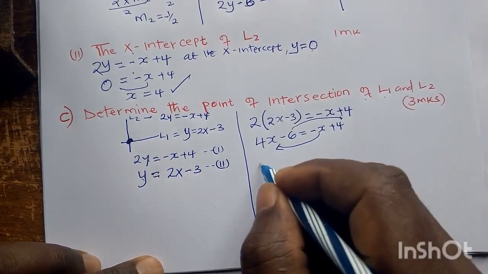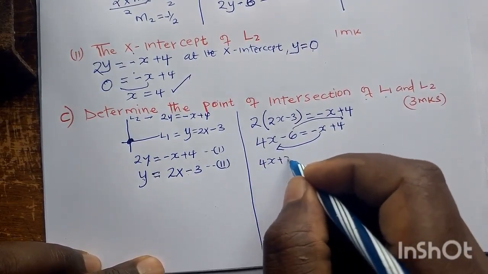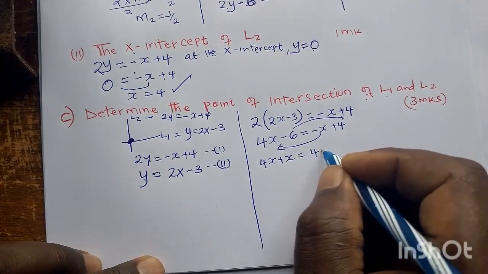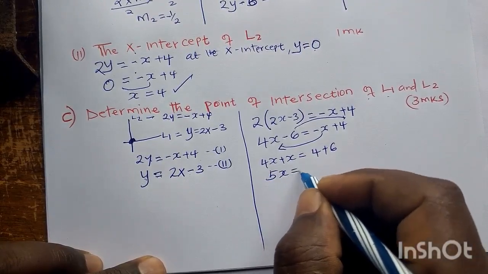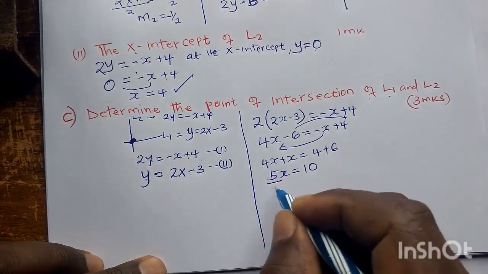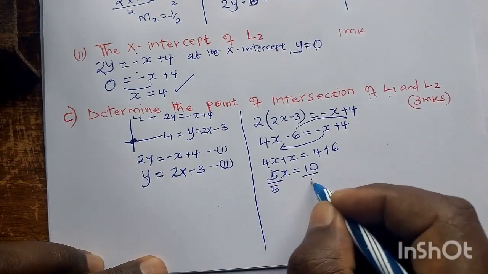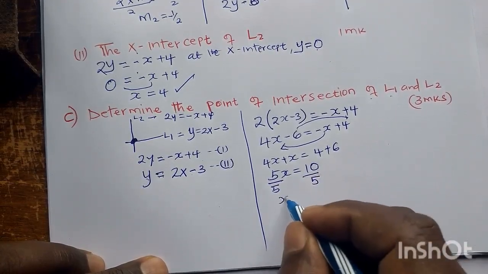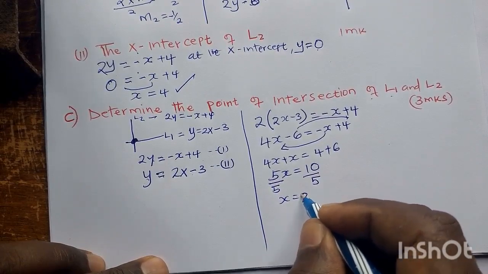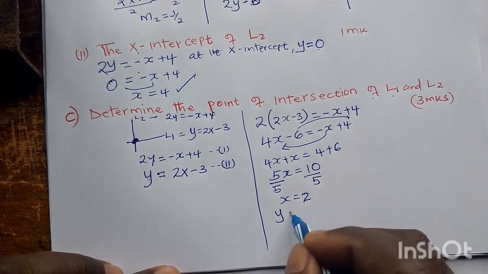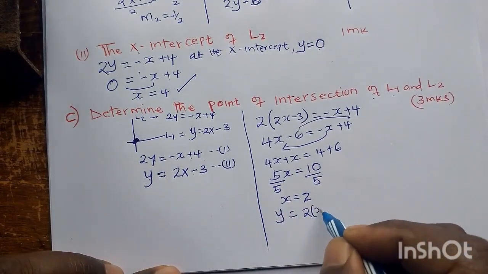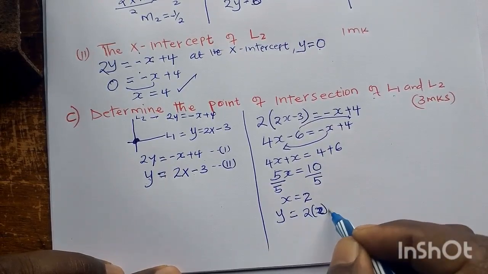So this one is going to be 4x plus x is equal to 4 plus 6, meaning that 5x is equal to 10. So you divide by 5 both sides, and you find that x is equal to 2. So if x is equal to 2, then y is equal to 2x minus 3, which is 2 times 2 minus 3.